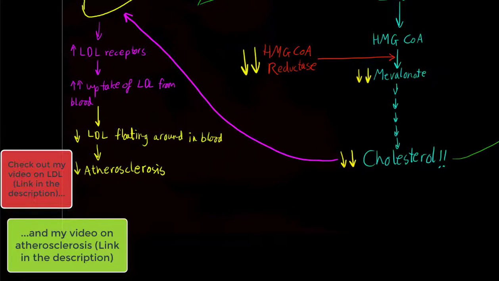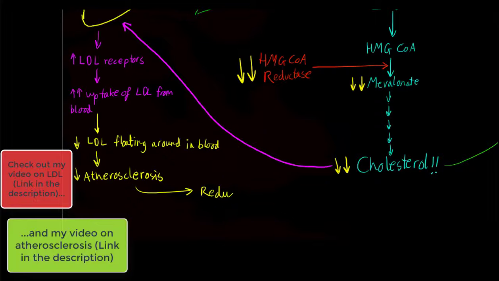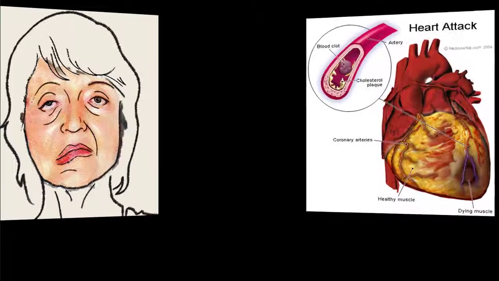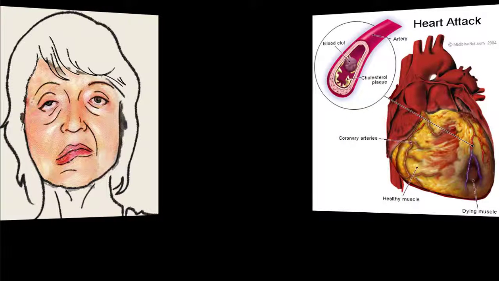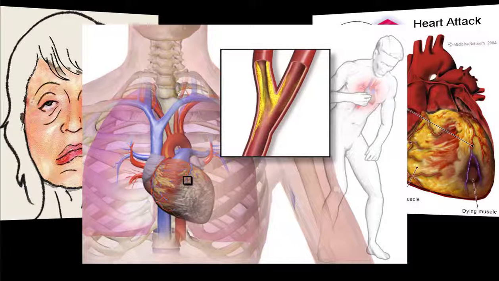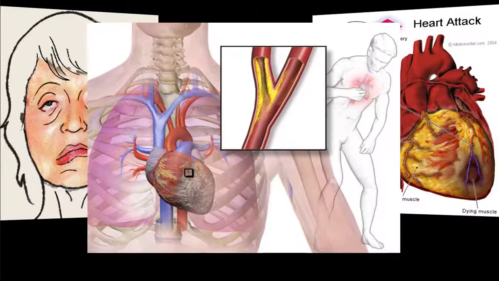So as the risk of atherosclerosis goes down, there is also a reduced risk of things like stroke and heart attack. So I'll just write these down over here: stroke, heart attack. Also angina, which is like chest pain.